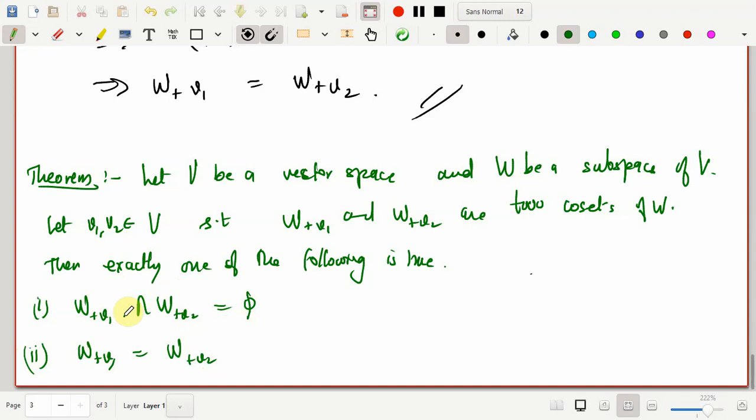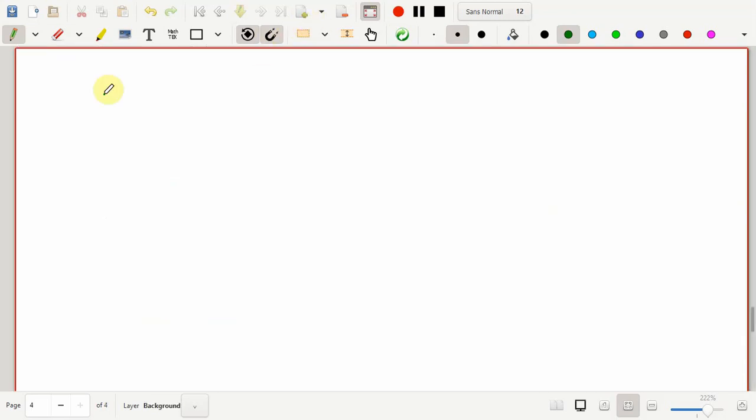So either there is nothing common in these two sets, or they are the same, that is, every element is common. Okay. So the proof of this, we deduce from the above observations. So the proof.